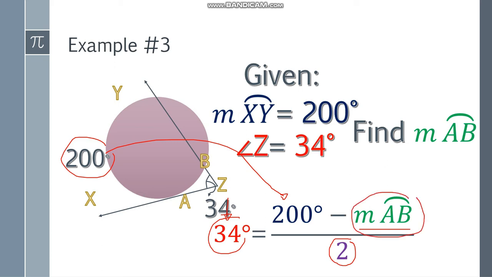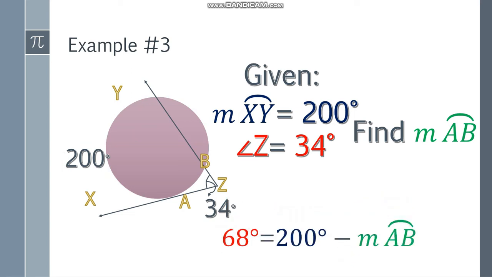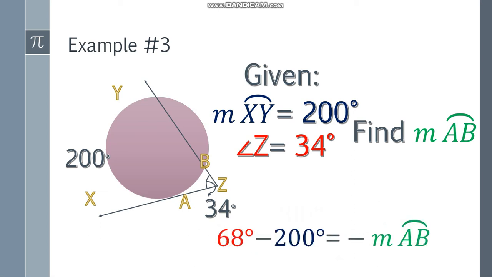We will use algebra to solve for this one. So multiply both sides by 2. We will get 68 degrees, and the 2 in the denominator will be gone. 68 degrees is equal to 200 degrees minus the measure of arc AB. Now, we subtract 200 degrees from both sides, so that will be 68 minus 200, and the 200 on the right side will be gone, and the remaining part here is the negative measure of arc AB.